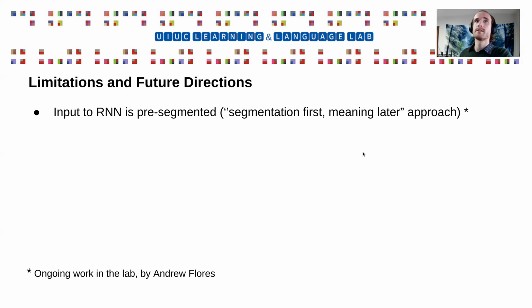Some preliminary work of this sort in the lab, not necessarily using speech, but using different segmentation strategies, suggested that there are main effects of segmentation strategies, so that, for example, more linguistically informed segmentation strategies like morphological parsing can give you much better semantic categorization performance, but actually it doesn't change the age order effect, interestingly. So the age order effect seems to be really robust against the segmentation strategy.